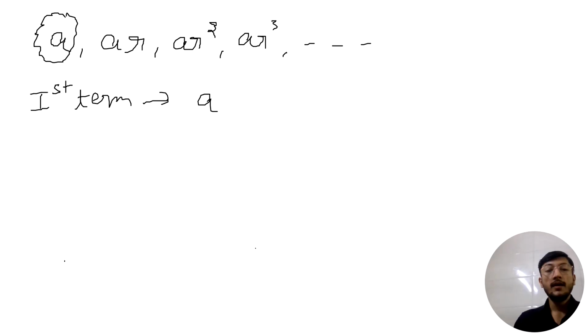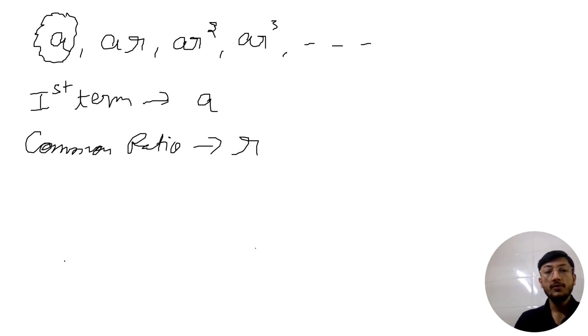In AP we introduce a common difference, but in GP we introduce a common ratio, and it is nothing but R.